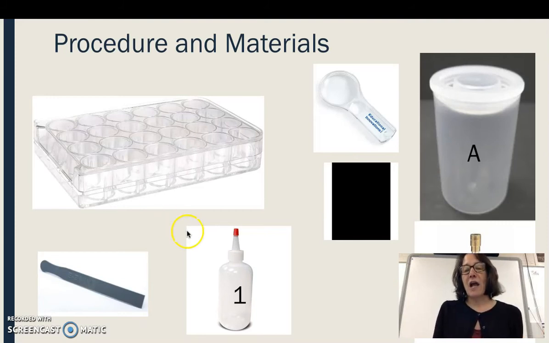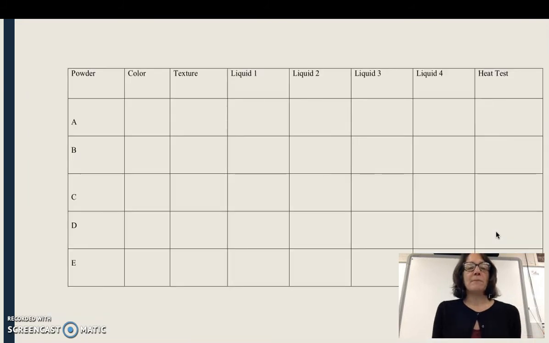The final chemical test we do will be a burn test, and your teacher will demonstrate this for you. You'll put a thin layer of each powder on a metal can lid, hold that can lid over the Bunsen burner, and look for evidence of some type of chemical reaction, or does that powder burn or combust in some way, and exactly what happens when we do that.